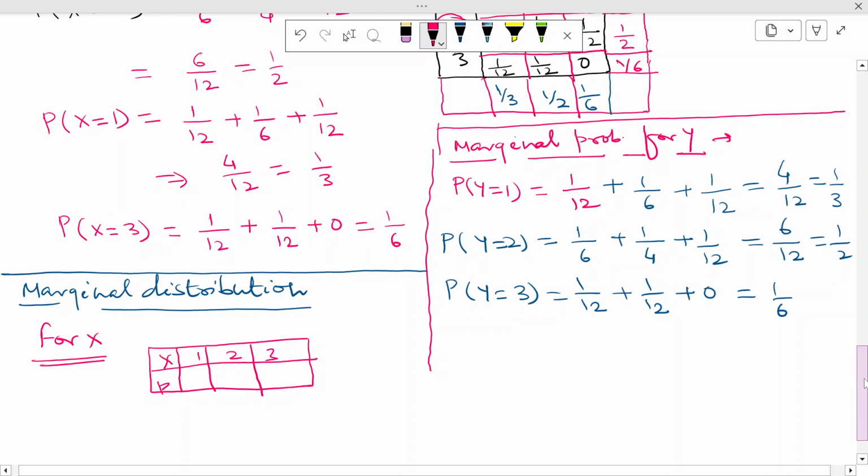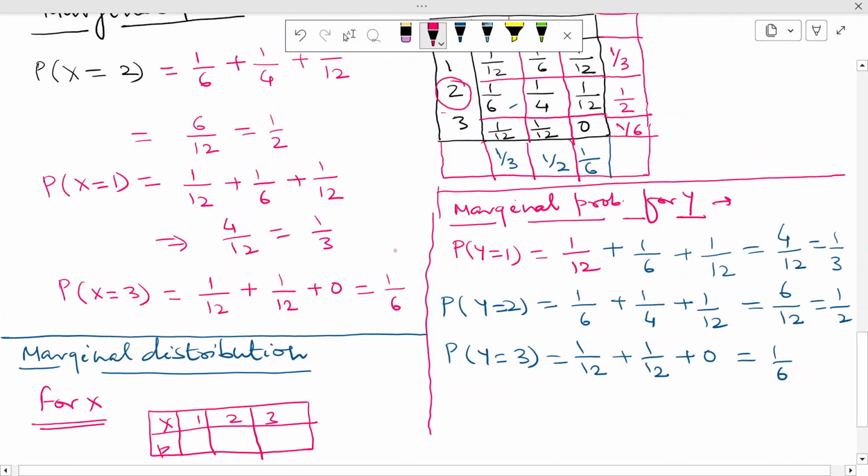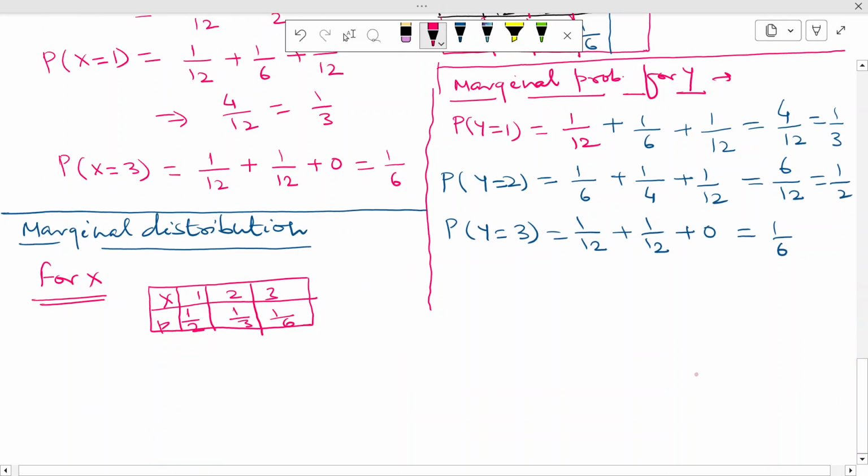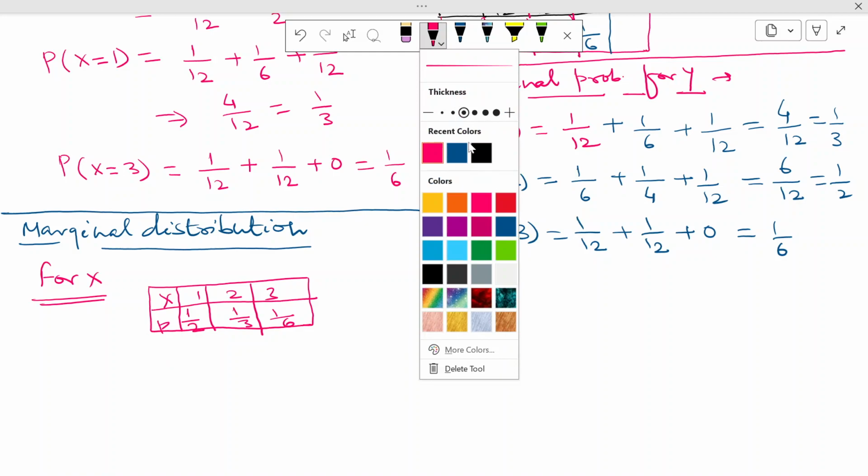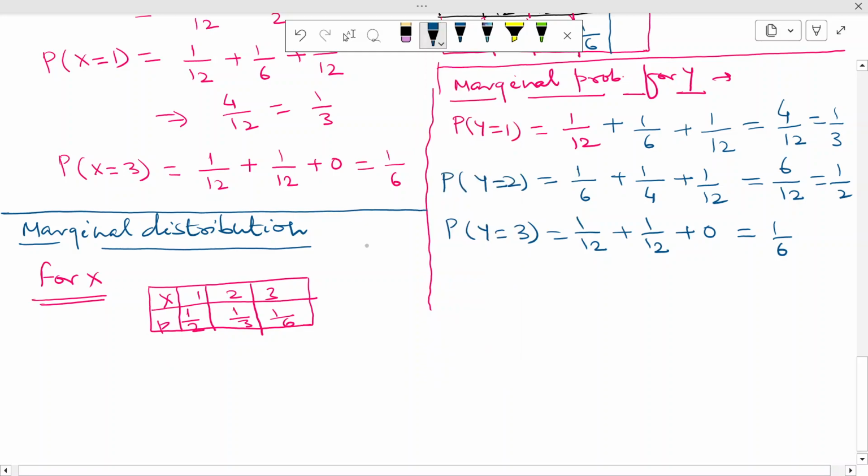Now in the second row, in place of the probability, we have to mention the marginal probabilities. The marginal probabilities are 1 by 2, 1 by 3 and 1 by 6. So this is how we can obtain the marginal distribution for x. Similarly, because we have already calculated the marginal probabilities for y, we have the marginal probability distribution for y.